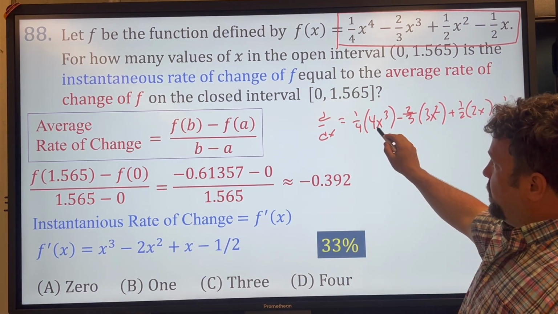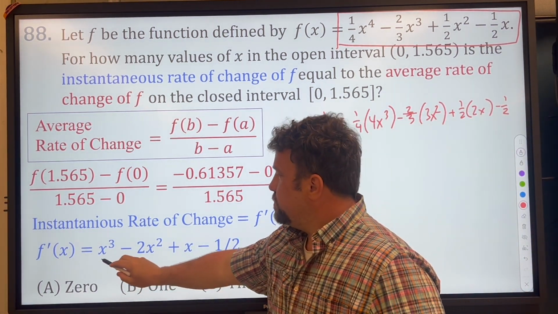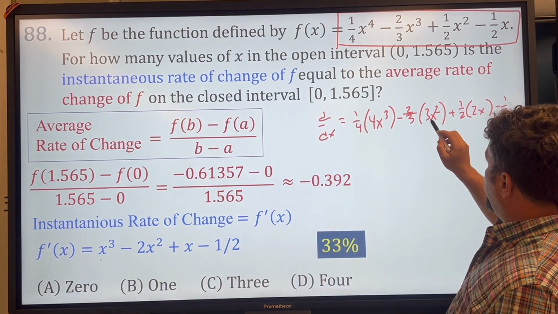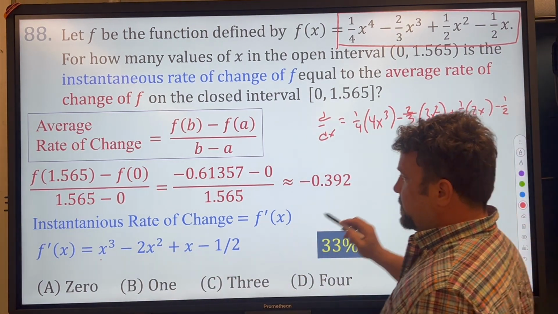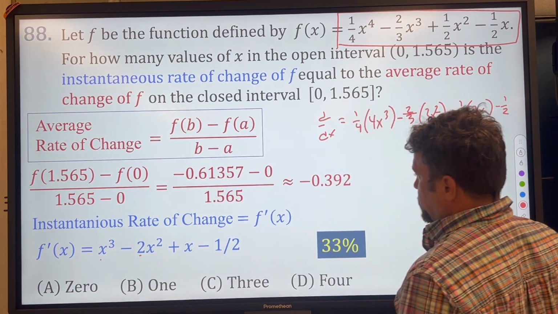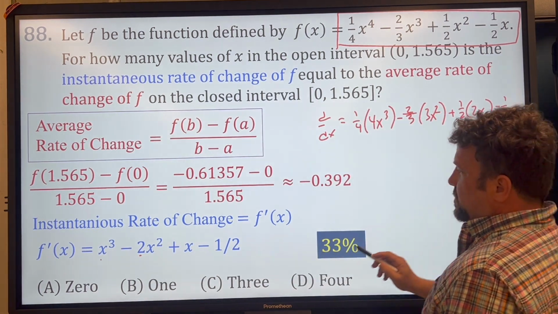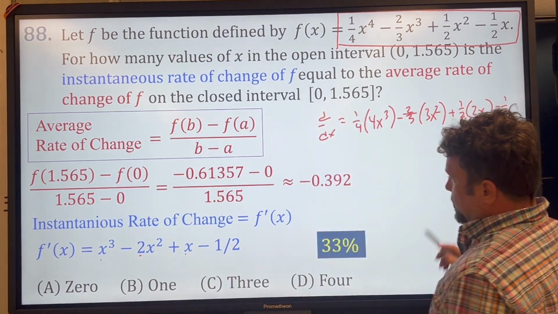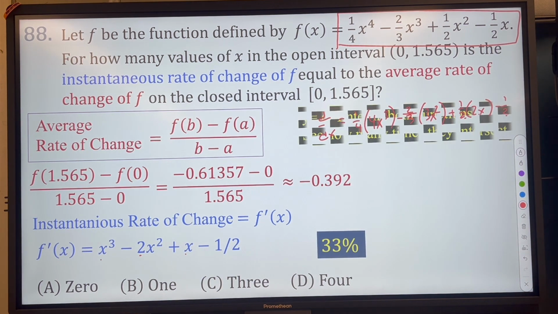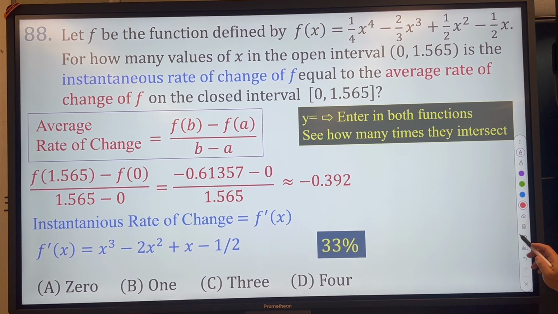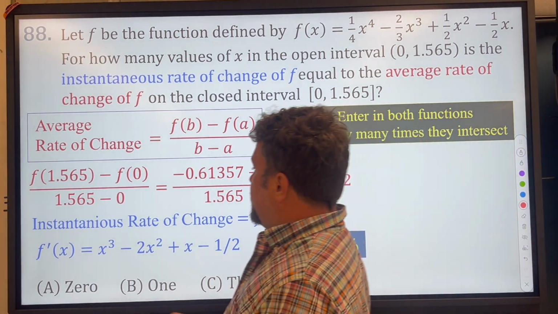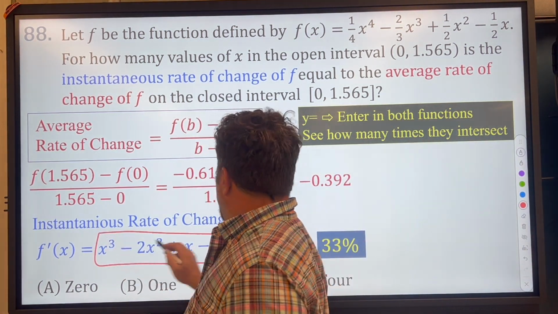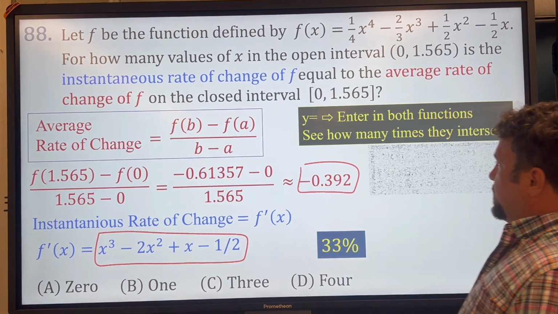All right, 1/4 of 4 is x cubed. 2/3 of 3 is 2, so minus 2x squared. Half of 2 is x, and then you've got your minus 1/2. All right? You are going to set them both equal to each other.